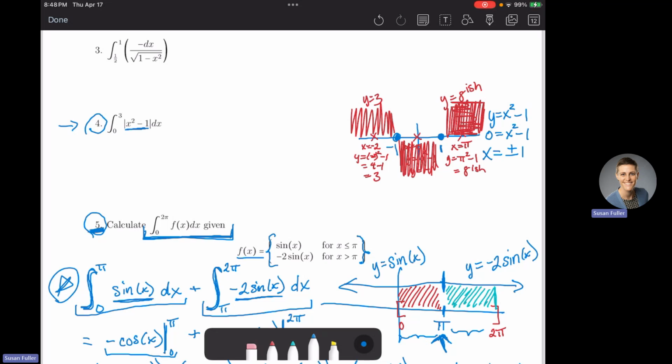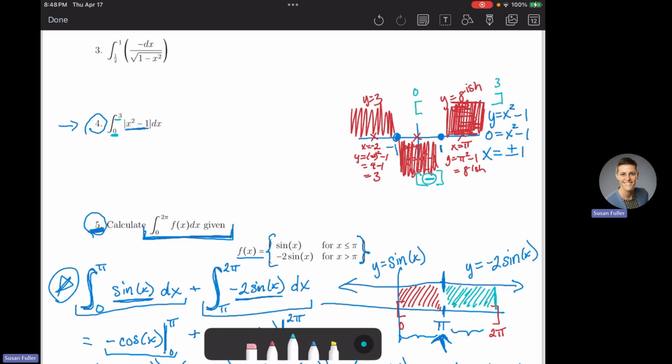Okay, so now we are going to break this up into pieces, just like we did with that piecewise function down below. We are finding the area from 0 to 3. So I'm starting here at 0 and I'm ending over here at 3. Now notice from 0 to 1, I have negative area.